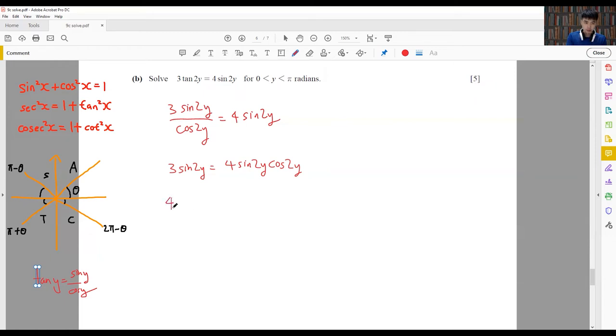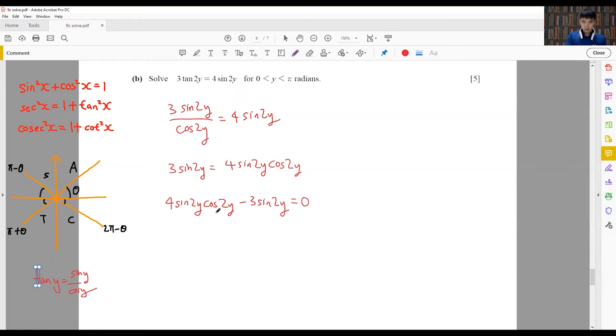So you would end up having 4 sin 2y cos 2y minus 3 sin 2y equals 0. Now from here, you're actually supposed to get 4 answers if it were from 0 to 2 pi, but the limitation is 0 to pi only.